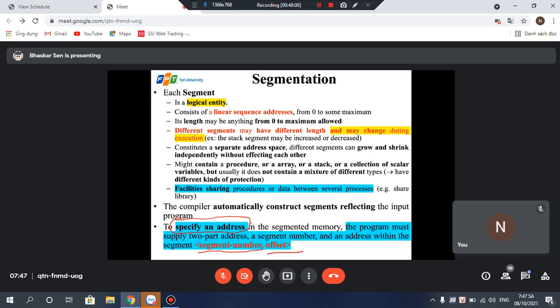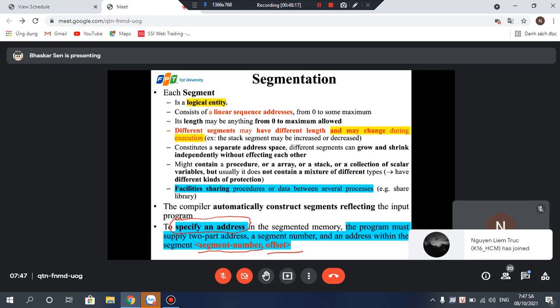Now, what is your responsibility? Your responsibility is to organize your code and put it in the right format in such a way that your compiler can easily apply segmentation on your code during compilation time. So you also have a certain responsibility.